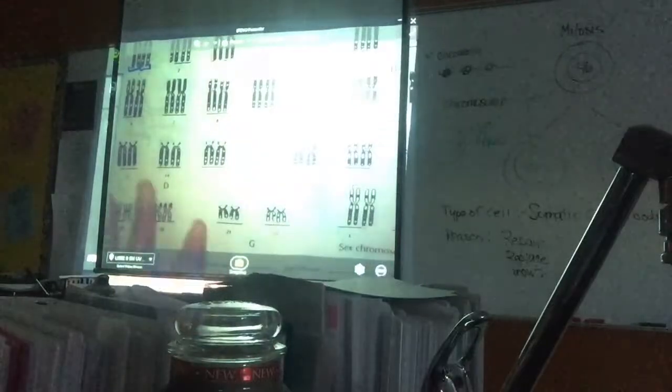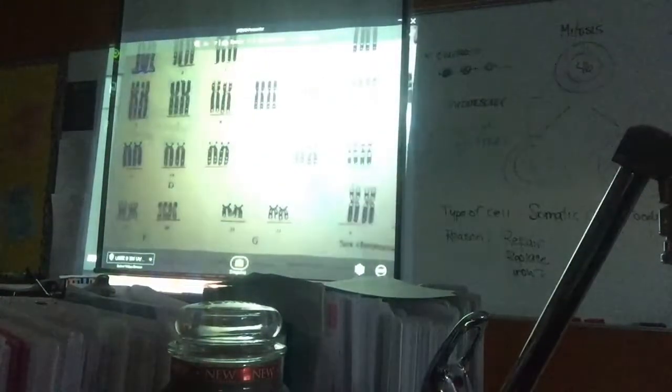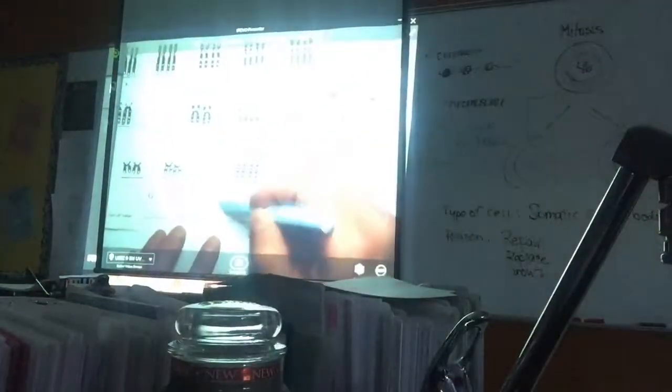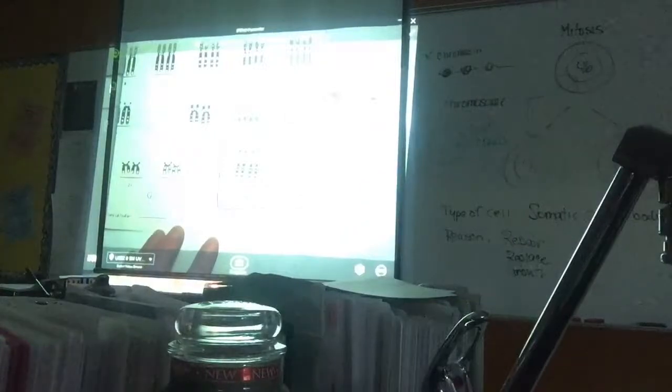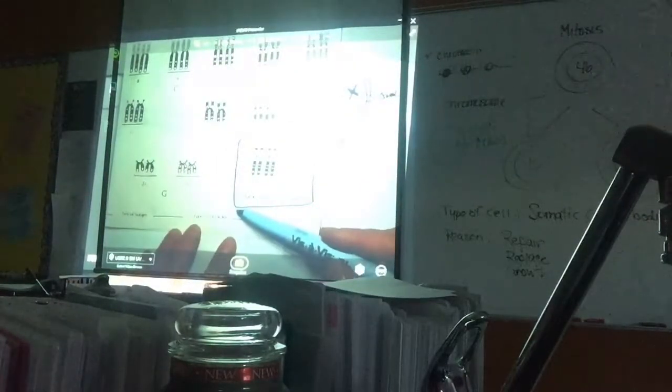Then they match them up, and usually people only have this done if it's suspected that the person may have additional or missing chromosomes. By matching them all up, they might find that they have an extra chromosome or a missing chromosome. Notice the only thing that doesn't follow the rule is on the bottom right here, the sex chromosomes. Sex chromosomes are called that because they determine the sex or gender of the person.